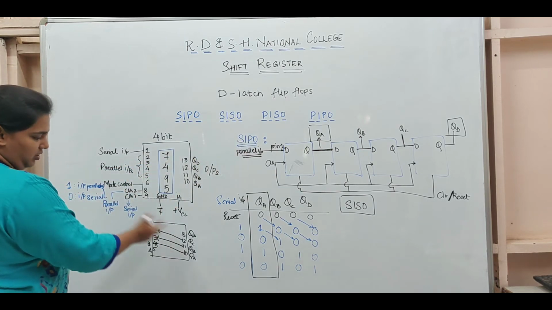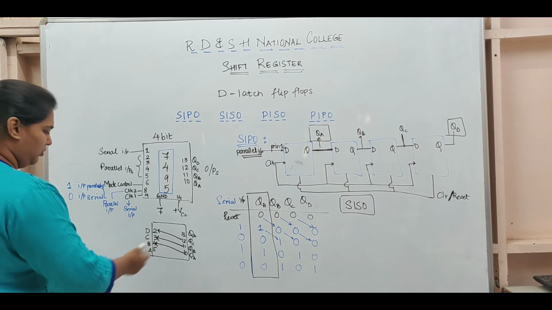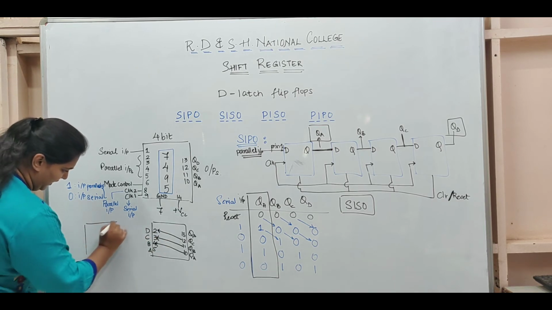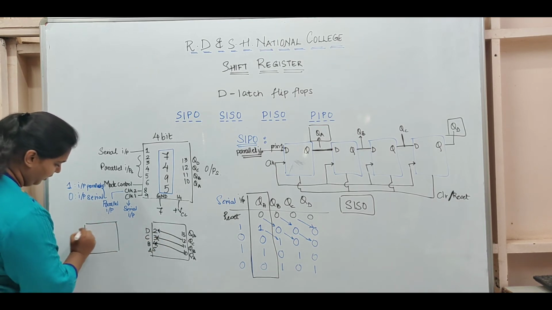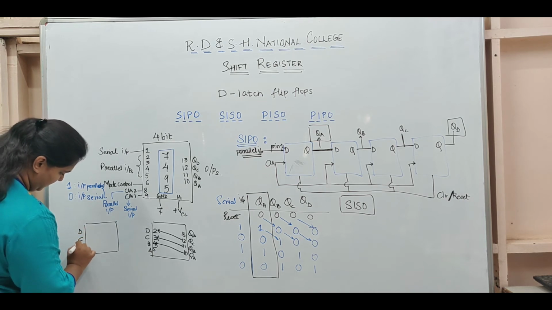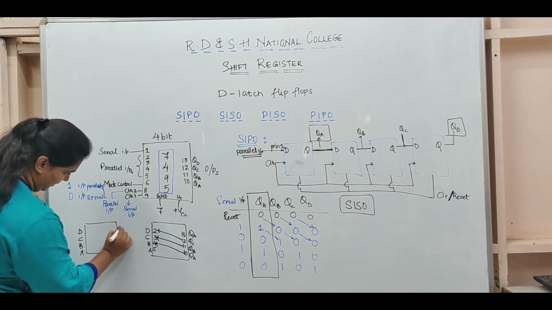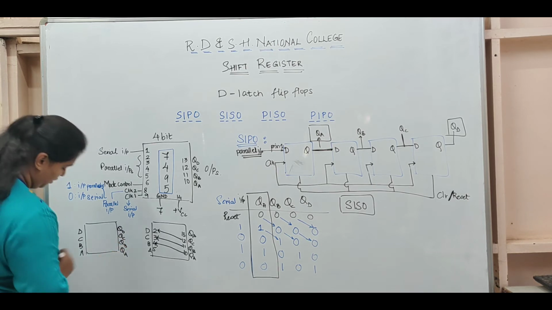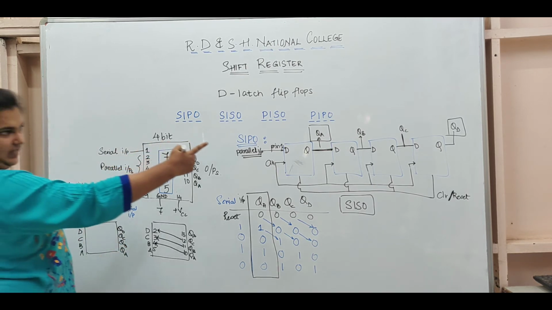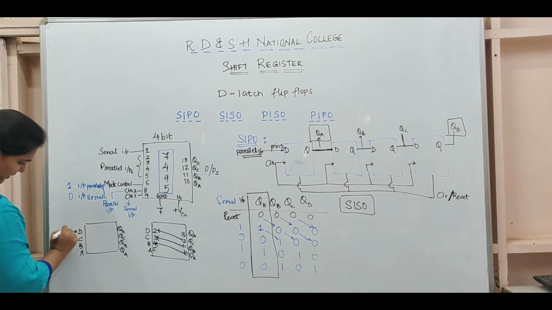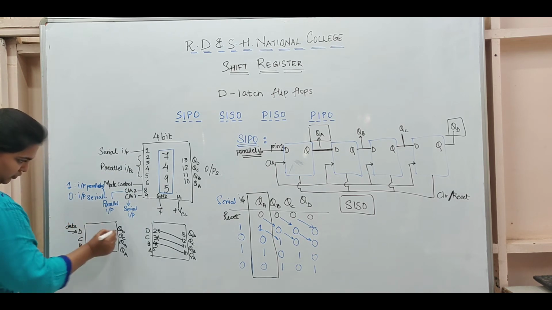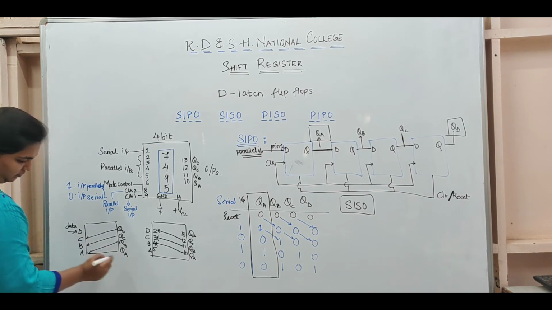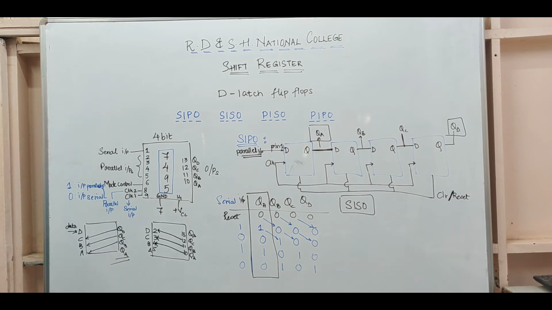Now this is called basically left shift. If I want to do the other way around, I will have D, C, B and A, and QD, QC, QB and QA. So I can give my data to D. This will be my data, which will appear in QD, and I can give it to C. Then QC will be given to B, QB will be given to A, and QA will be my final output.